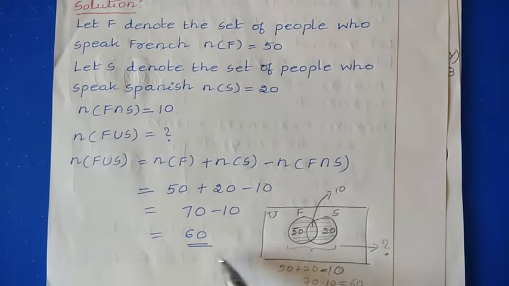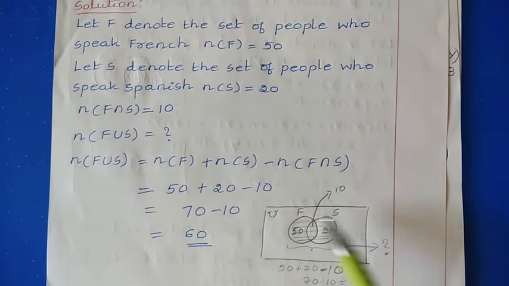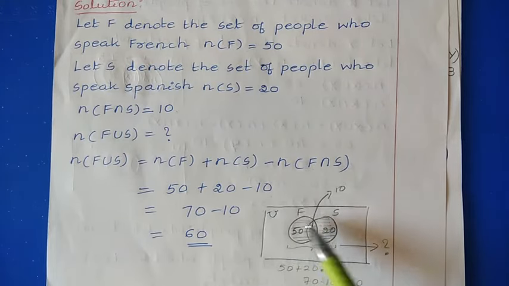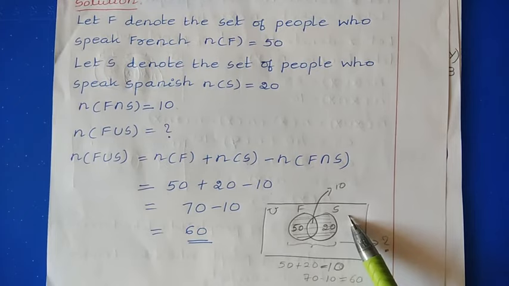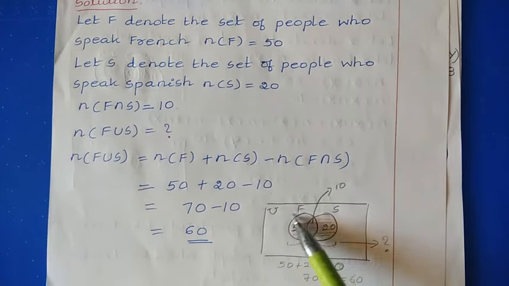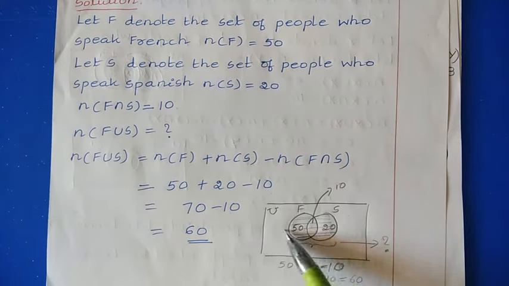Or even you can find the same answer by referring to the Venn diagram. In the Venn diagram, we have two sets, F and S. In the F set, the total number of elements is 50. Here we have 20 elements. Then here we have 10 elements. We have to calculate this complete lined area, which is N of F union S. That is nothing but 50 plus 20, we can add these two things.